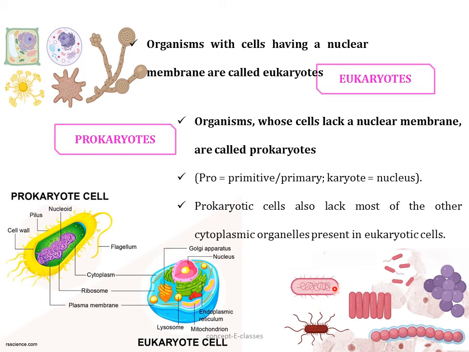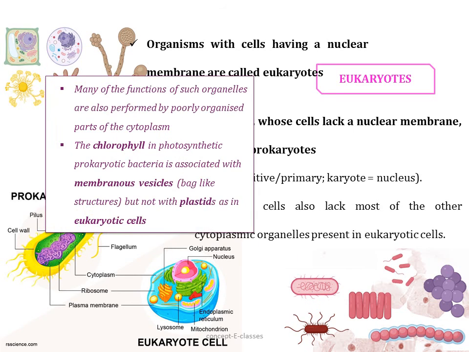Examples of prokaryotes are bacteria, cyanobacteria, archaea, etc. Many of the functions of such cytoplasmic organelles are performed by poorly organized parts of the cytoplasm. For example, the chlorophyll in photosynthetic prokaryotic bacteria is associated with membranous vesicles, bag-like structures, but not with plastids as in eukaryotic cells.